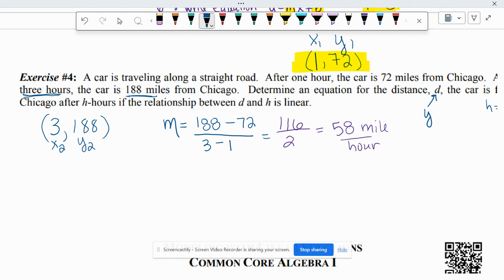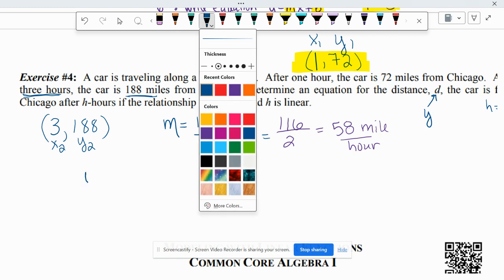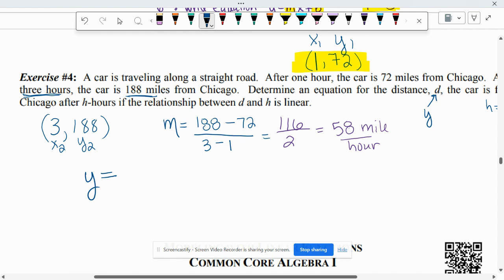So I'm going to write the equation with my slope: y equals 58x plus b. And then I write the point that I'm substituting in there after it so I know what I'm doing, okay? So that means that I'm going to let y equal what value? 72 equals 58 times, what is the value of x going to be? 1 plus b.